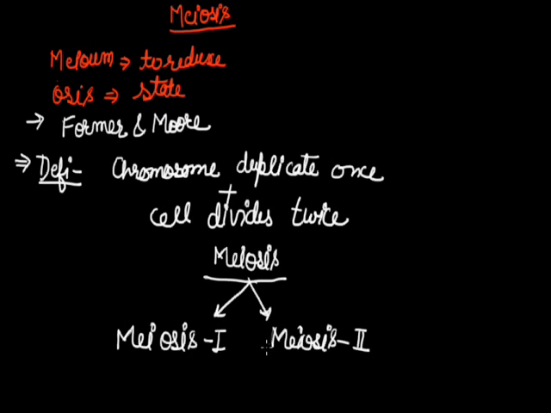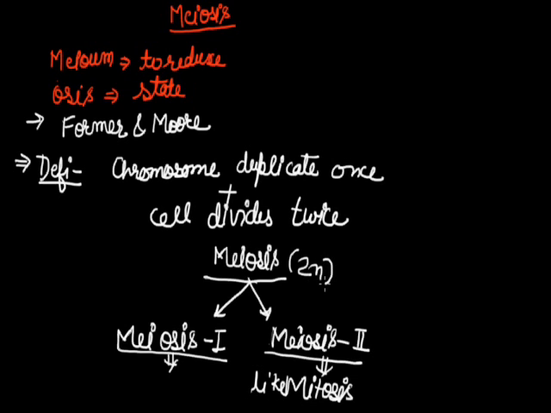Actually, meiosis 2 is just like mitosis. You can say this one is a mitosis process. This one is just like mitosis, while the first one is the actual reductional division, because although meiosis starts in a 2n cell, when it is divided by meiosis 1, the two daughter cells get half of the mother cell chromosome number.